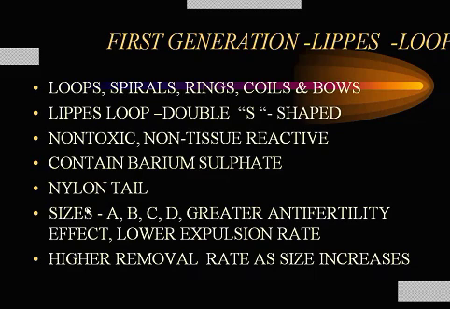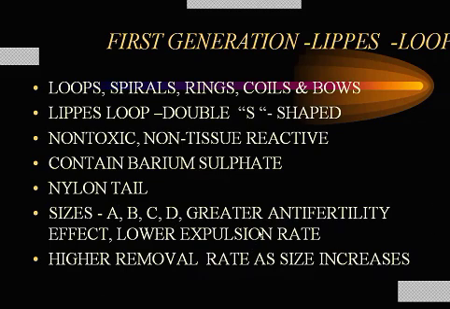So this loop is available in 4 sizes: A, B, C, D. The largest device is D. From A to D, the size gradually increases. This increase in size is associated with a greater anti-fertility effect.